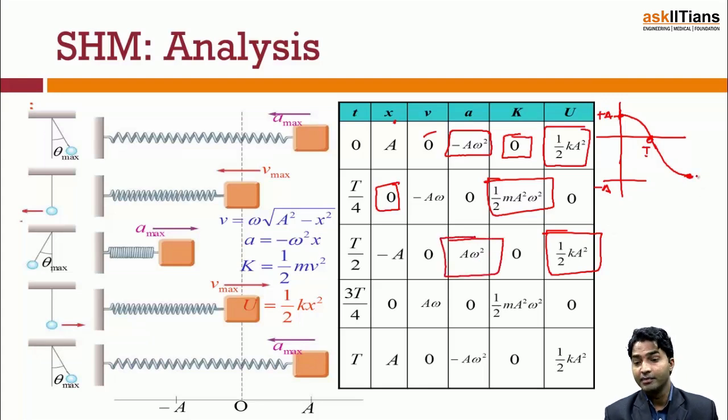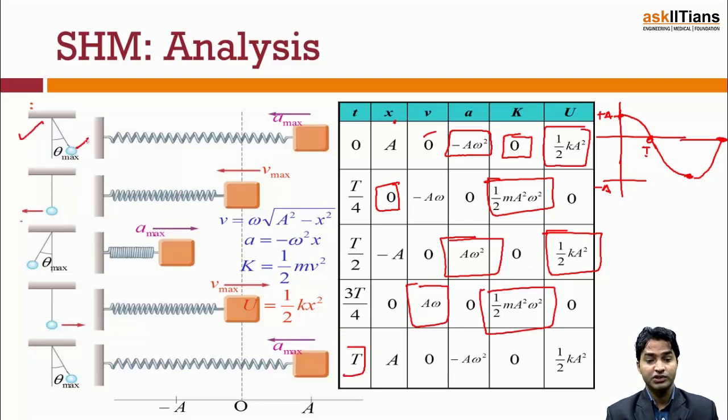At 3T by 4, it comes again to the mean position. So the velocity will be maximum but in the same direction. Kinetic energy will be maximum, that is 1 by 2 m a square omega square, and the total energy is equal to the kinetic energy. So these cases are given when the system is at the extreme position, mean position, left extreme, mean position, and right extreme again.